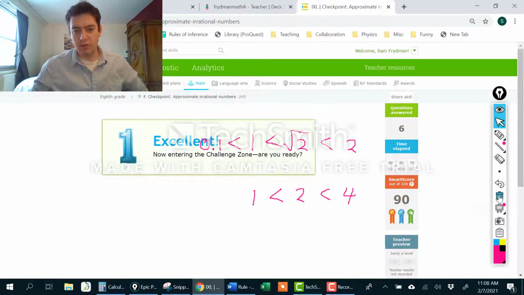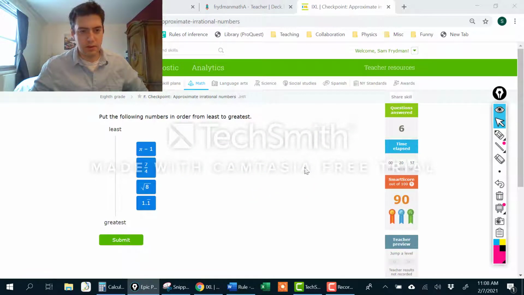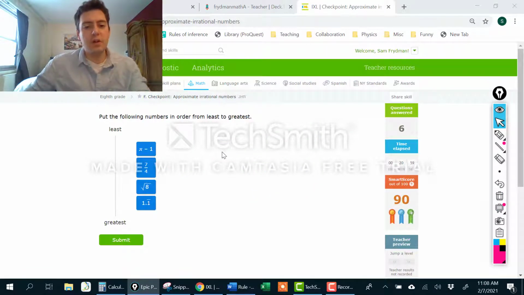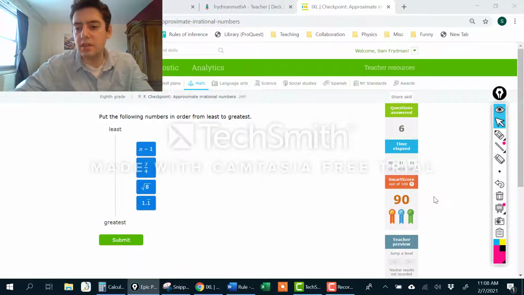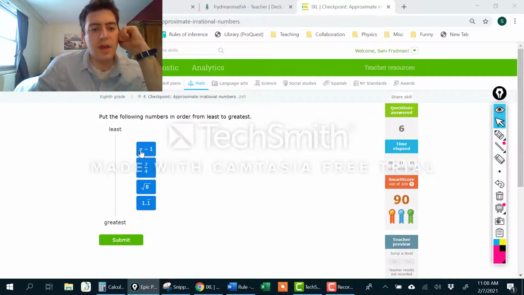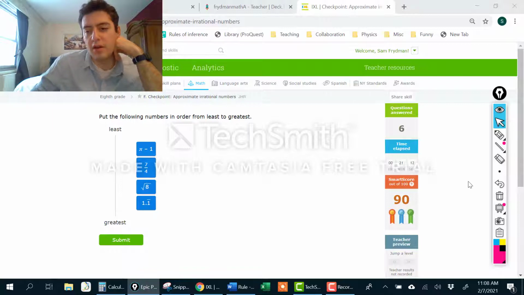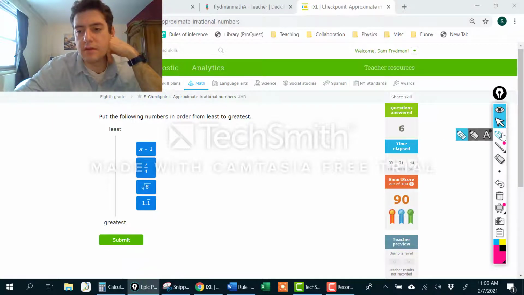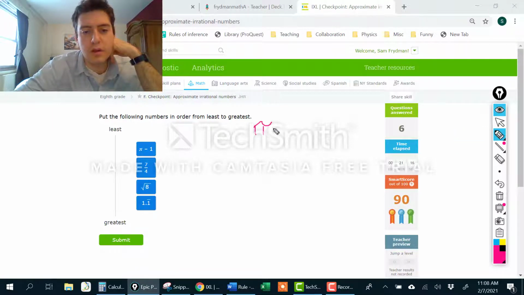I'm in the challenge zone. Okay. Put the following numbers in order from least to greatest. All right, so let's just, as an approximation, use 3.14. And then 3.14 minus 1 would be 2.14.